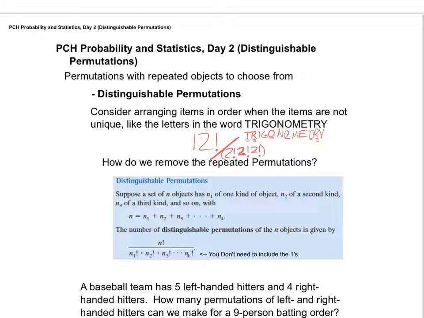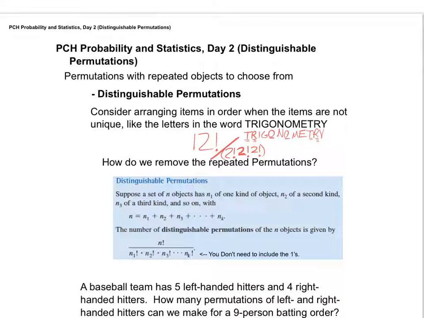So, how do we remove the repeated permutations? Here's the long explanation that your book gives. But what we're dealing with here is things where, notice, n sub 1 factorial, n sub 2 factorial, n sub 3 factorial, and so on. Those are where I was getting these 2's. And the n is how many of each distinct item we have.